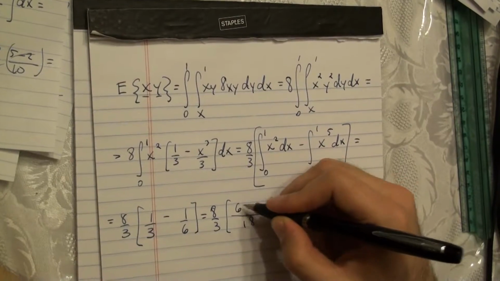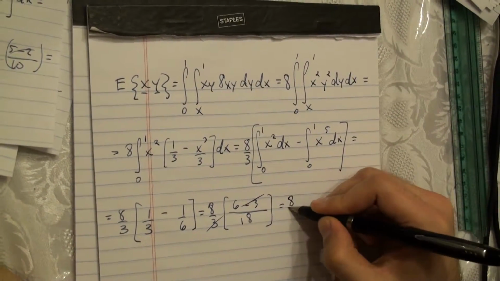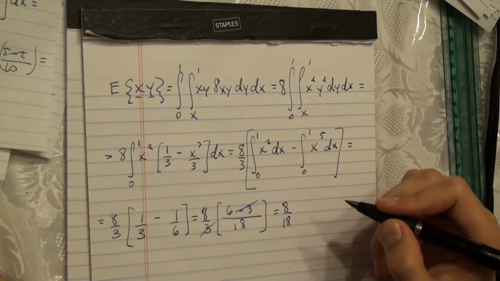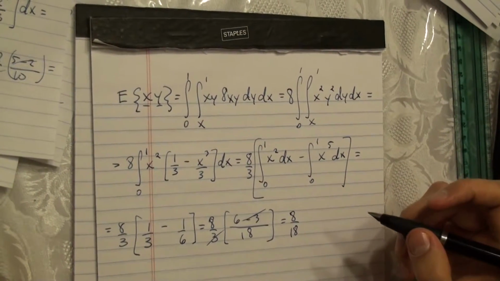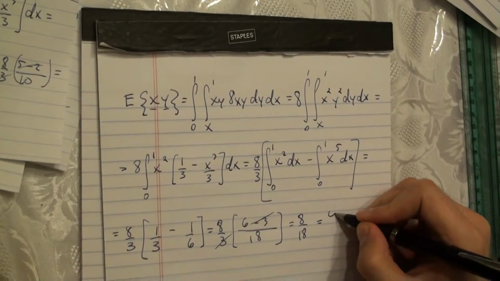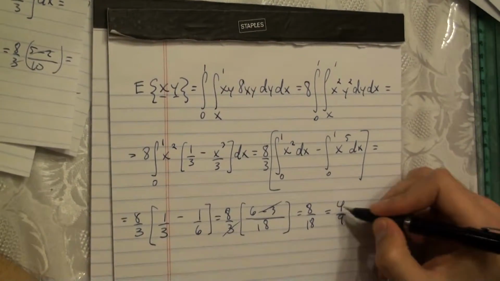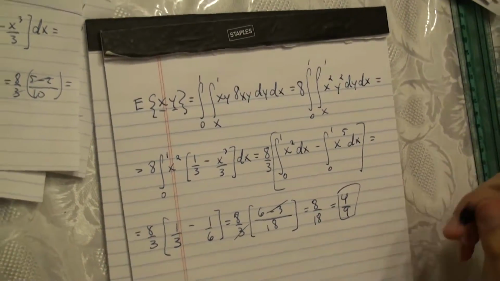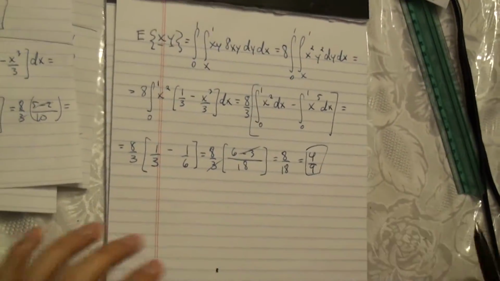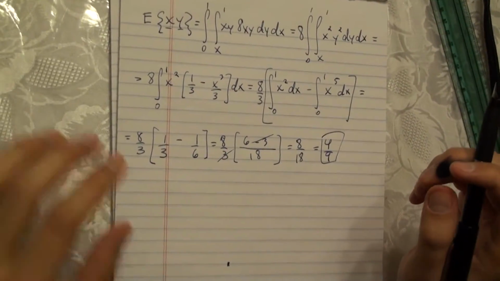This becomes 3 over 18. These cancel, so we're left with 8 over 18. So that becomes 4 over 9. Right, which is the expected value of xy.